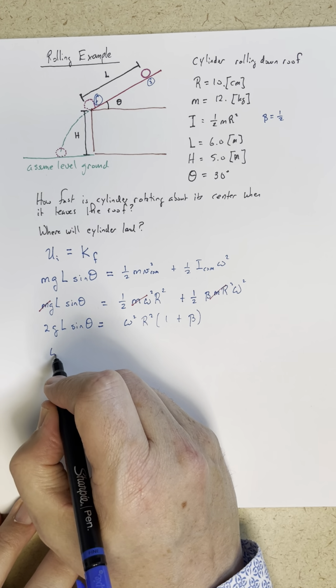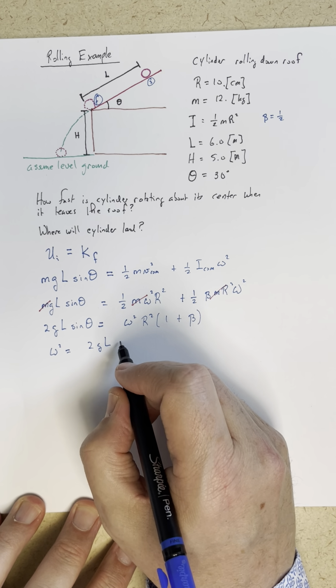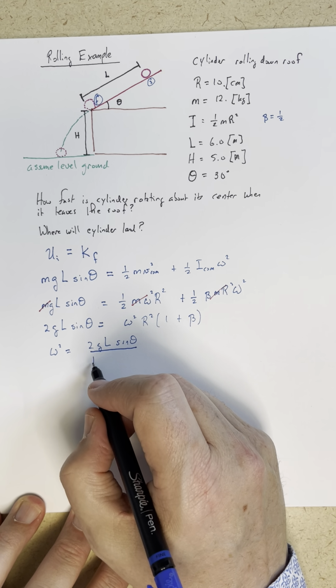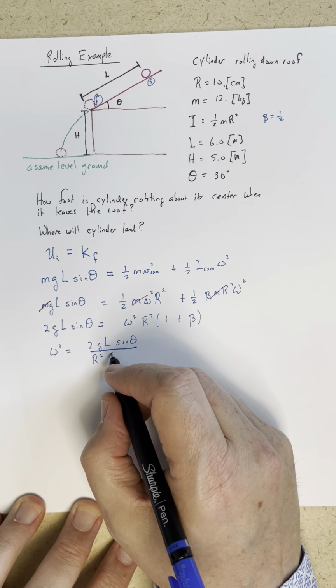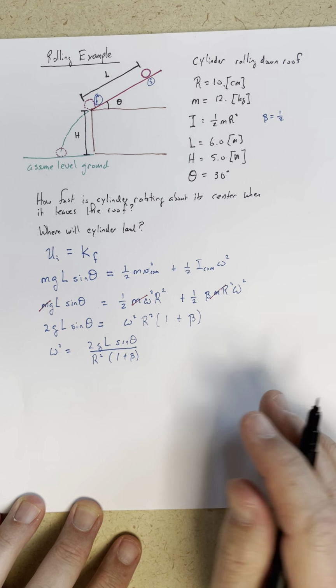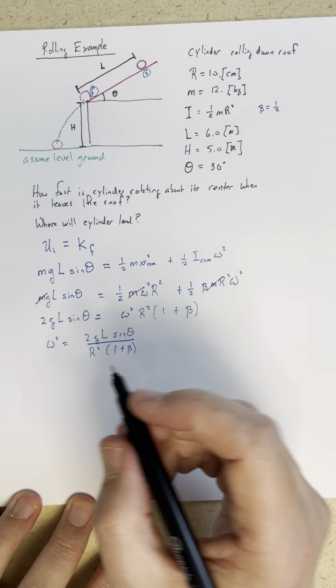Omega squared equals 2gL sine of theta over r squared times the quantity 1 plus beta, and then take the square root of both sides.